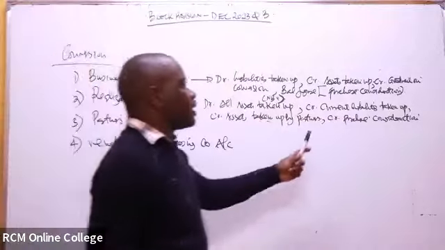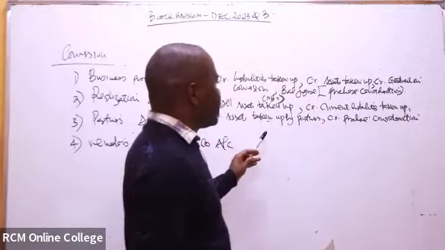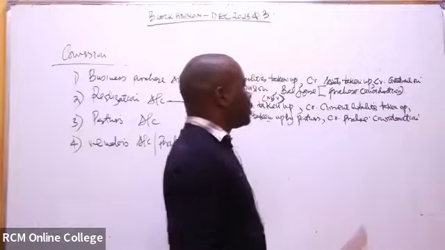Then you credit the current liabilities taken up. Then credit any assets taken up by the partners. Then you credit the purchase consideration.